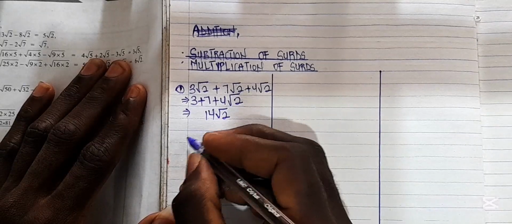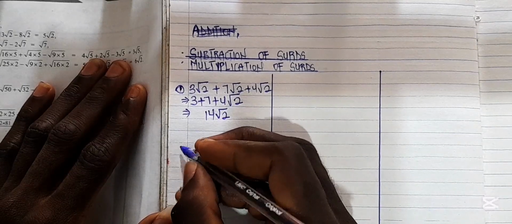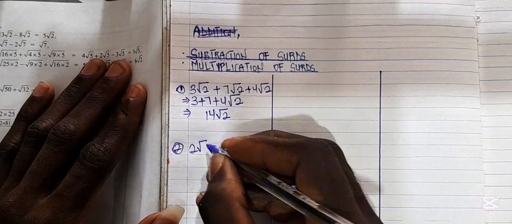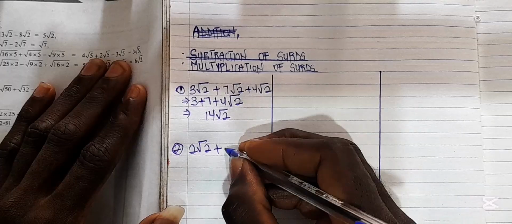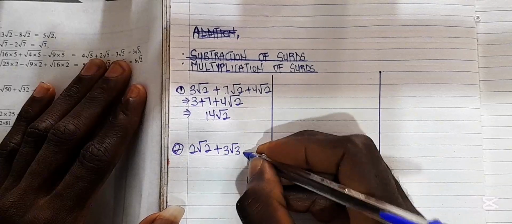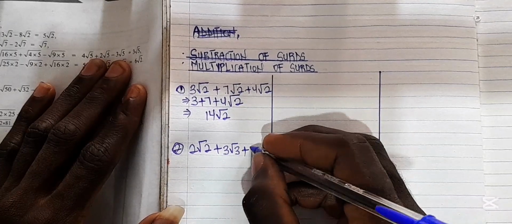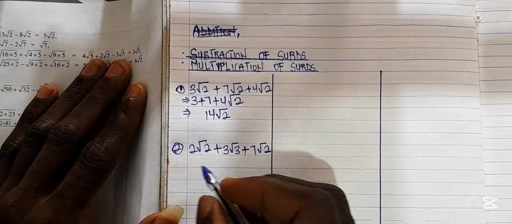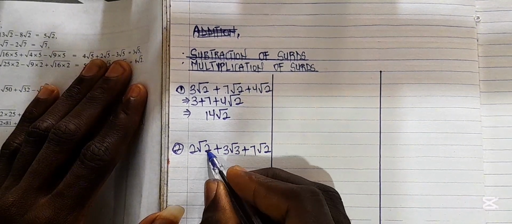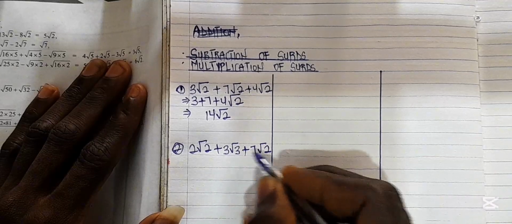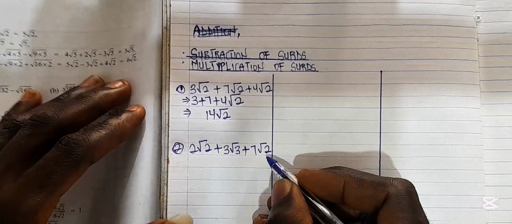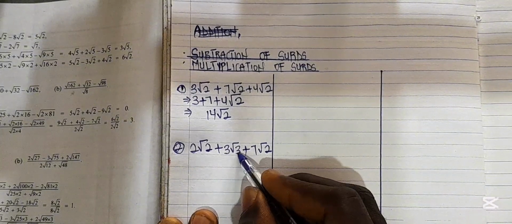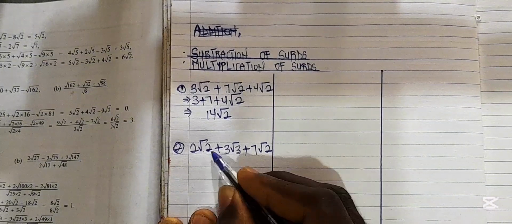Now a different case. Let's say we have 2 root 2 plus 3 root 3 plus 7 root 2. Considering this case, we have 2 root 2, 3 root 3, and 7 root 2. Because the number inside the root sign of the 3 root 3 is different from the others, we can't add these two together.